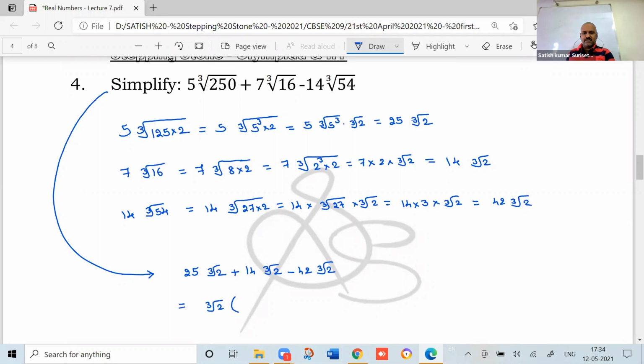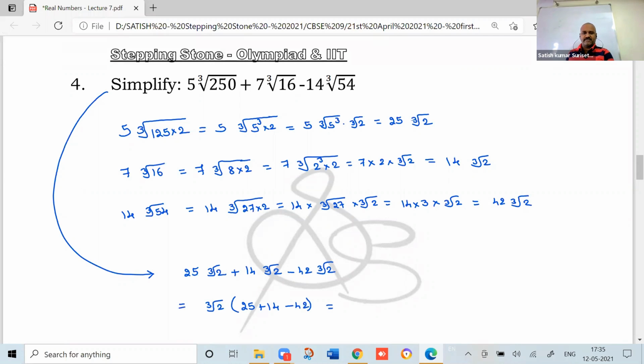Then 25 plus 14 minus 42. How much will it be? Minus 3. Minus 3 into cube root of 2.